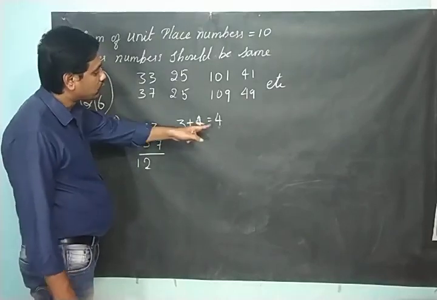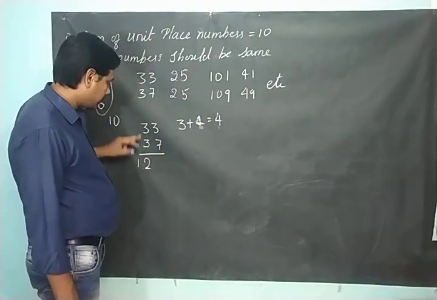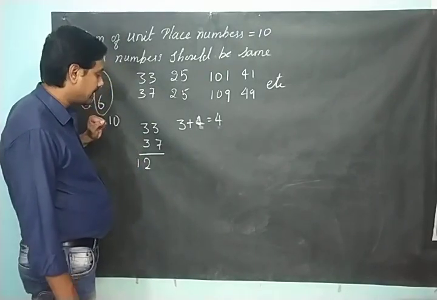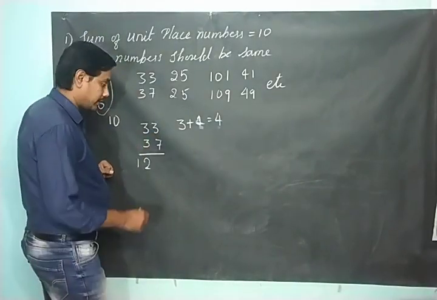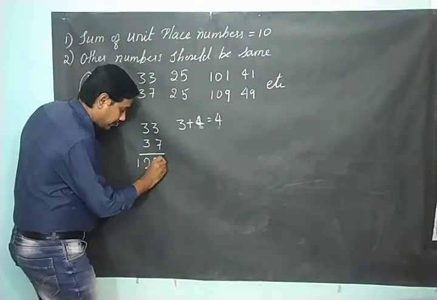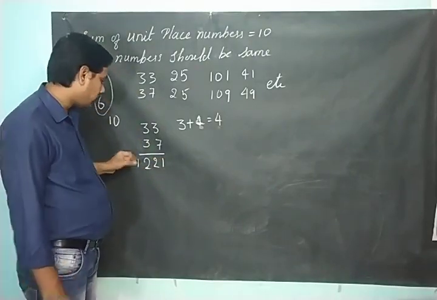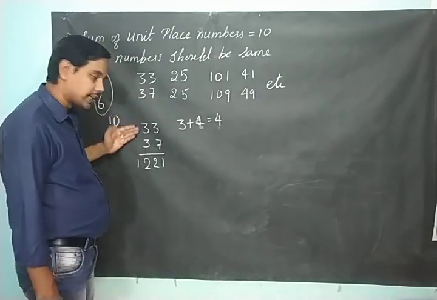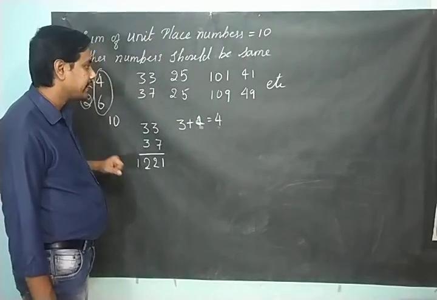So 3 plus 1 is 4. 4 into this number 3 gives the answer 12. And what is 3 into 7? 21. This is how we get the value of this product. So the product of 33 into 37 is 1221.